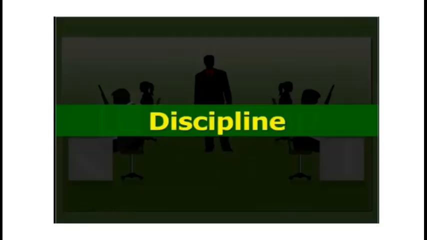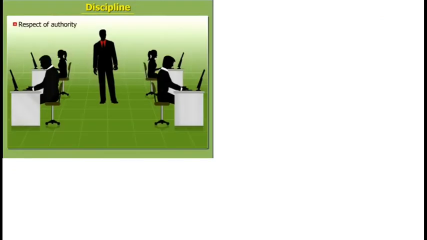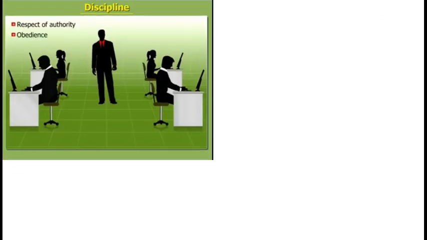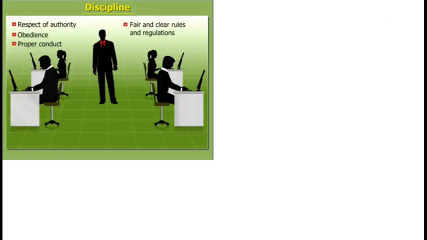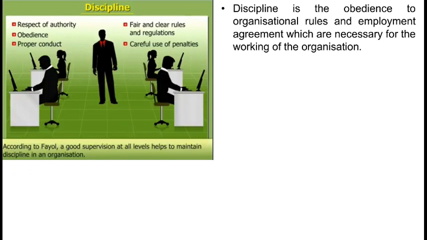Third principle, discipline. Discipline means respect of authority, obedience, proper conduct, fair and clear rules and regulations, and careful use of penalties. Discipline is the obedience to organizational rules and employment agreements which are necessary for the working of the organization.